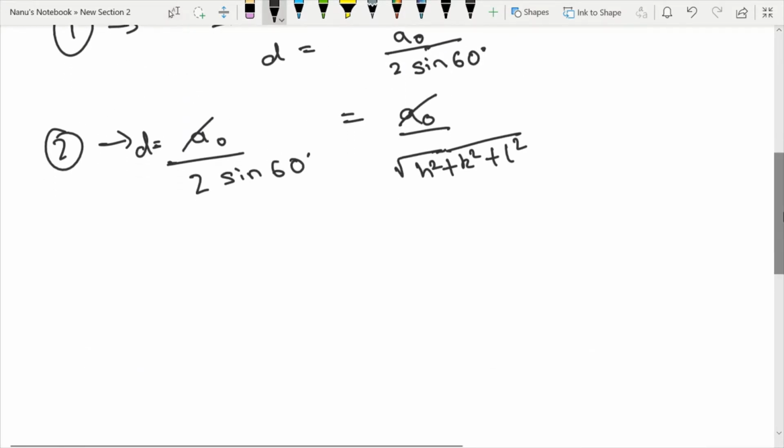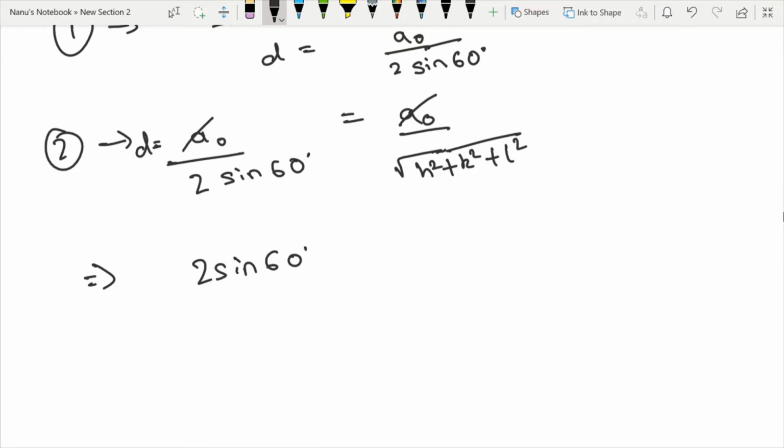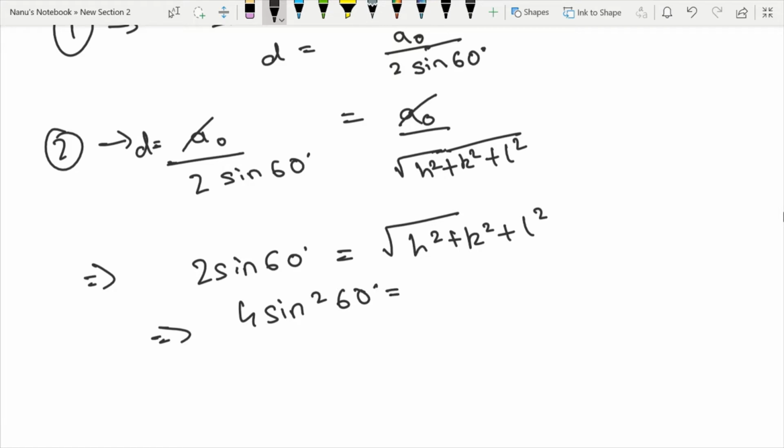So what we have over here is 2 sin 60 degrees is equal to root of h square plus k square plus l square. We can write 4 sin square 60 degrees equals h square plus k square plus l square, as the root will go off.